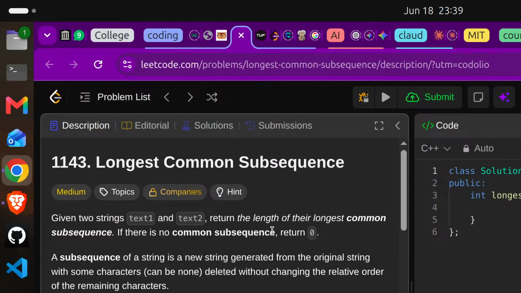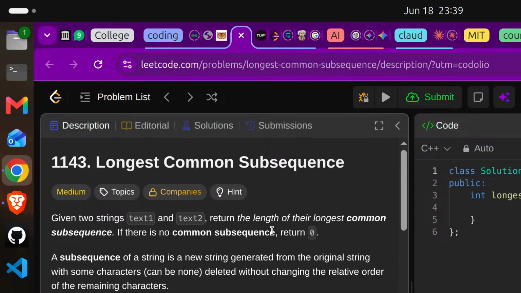If i is greater than or equal to text1.size, or i is greater than or equal to text2.size, if it equals or exceeds either, then we will return 0 in that case, right?